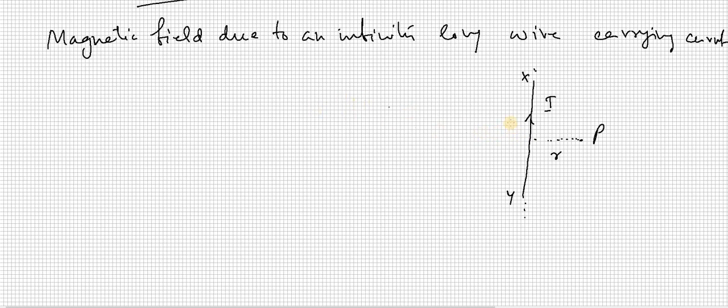To find the magnetic field at point P, we have to consider a closed path. We are considering a closed circular path.